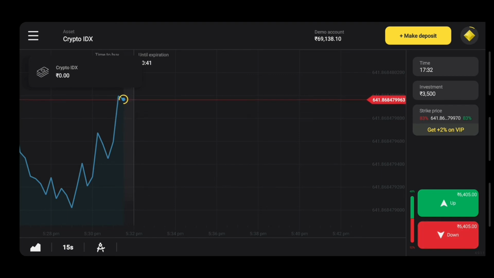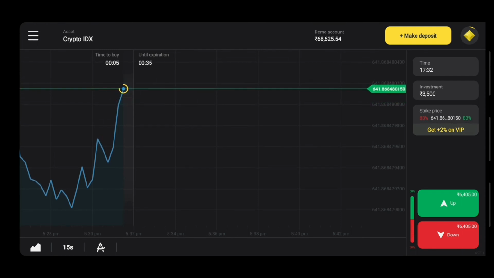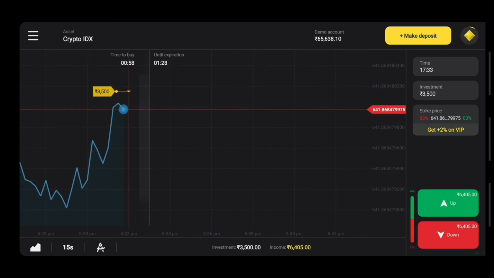Okay, let me think, and I feel the price is going to come down for sure, because if you see the market sentiments, there are 38% people who feel that it will come down, and whoa, it is coming down indeed.